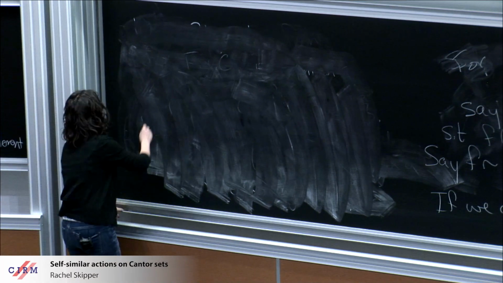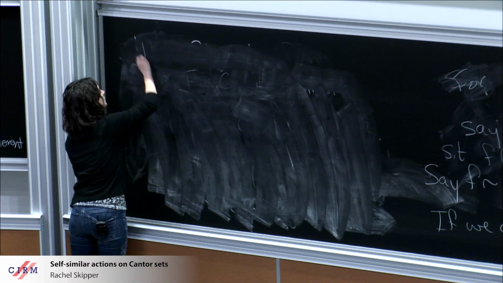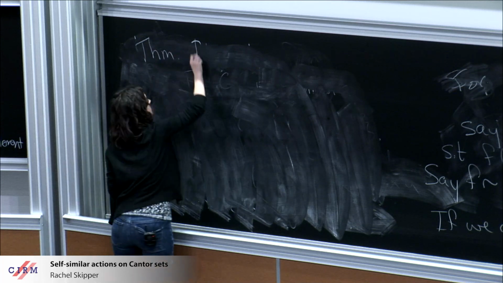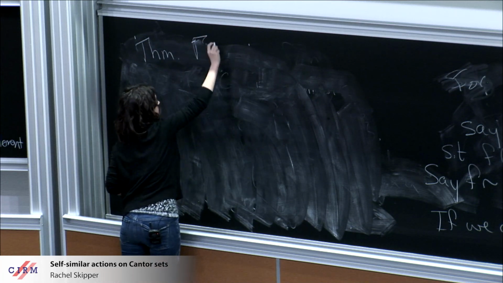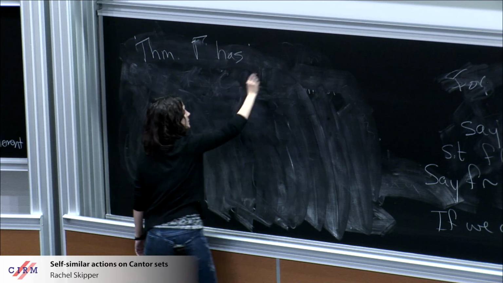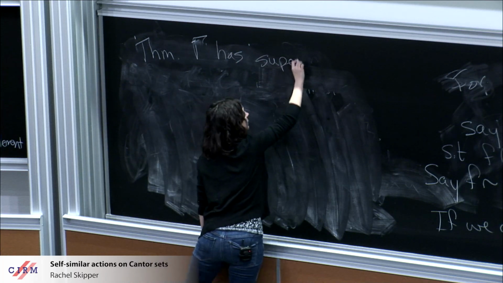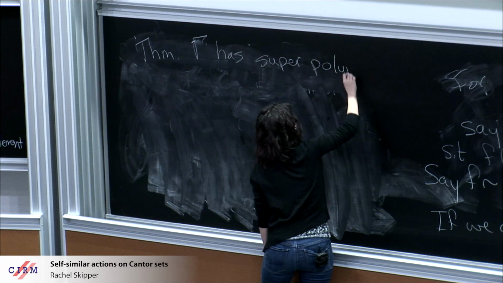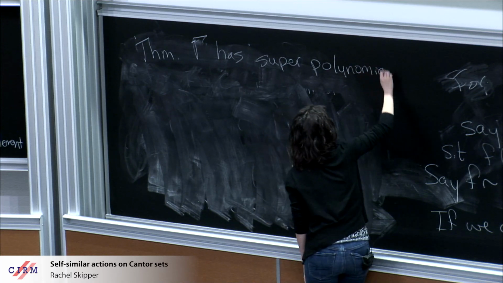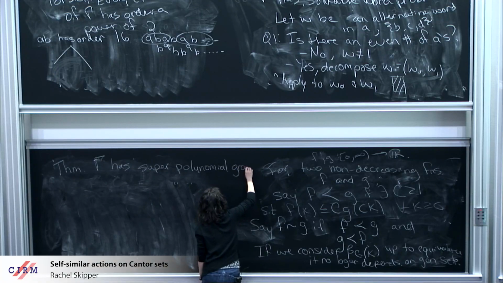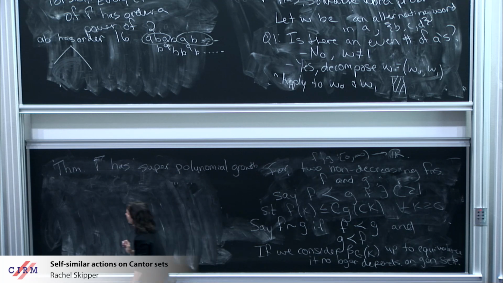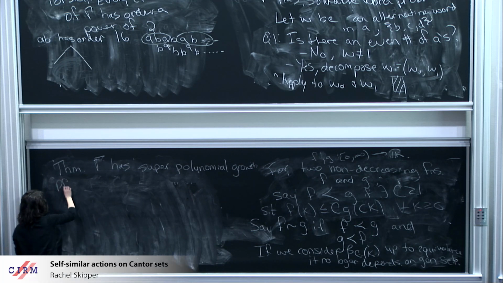All right, theorem. Gamma has super polynomial growth. All right, proof. There's really two proofs you can do here. The first is going to use Gromov's polynomial growth theorem. So suppose not, right?